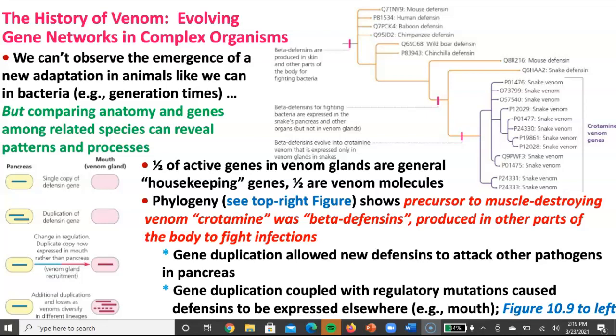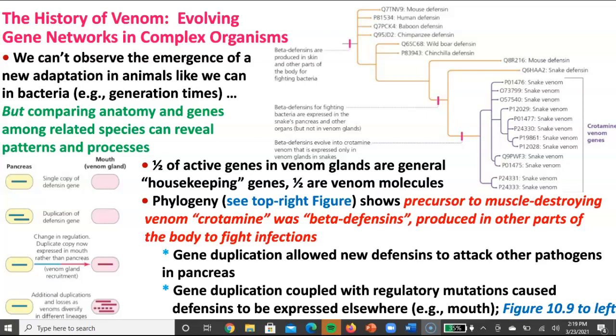So originally, we've got these beta defensins that are produced in the skin and other parts of the body for fighting bacteria. And we produce these beta defensins as humans, mammals. Mice have them, humans, baboons, wild boars, etc. So basically, producing these beta defensins against bacteria goes back quite a ways in our evolutionary history.